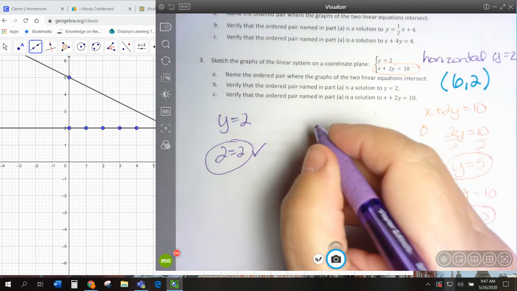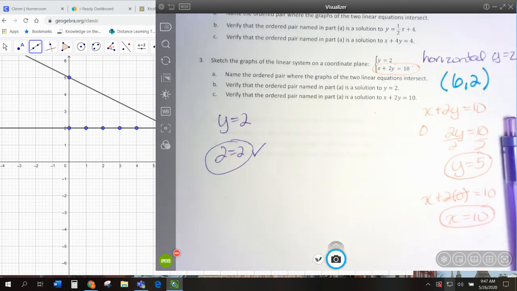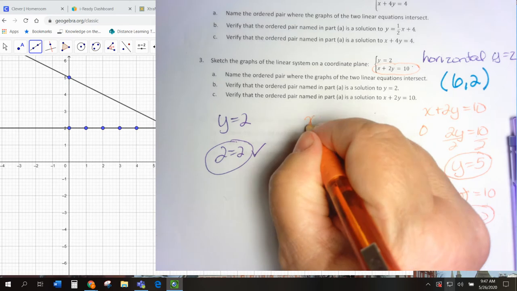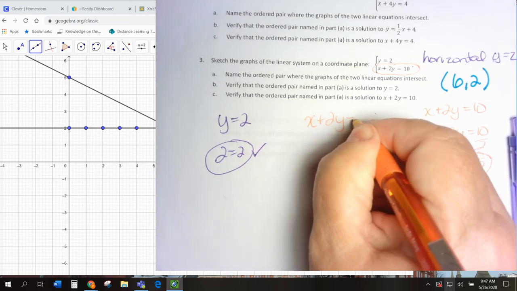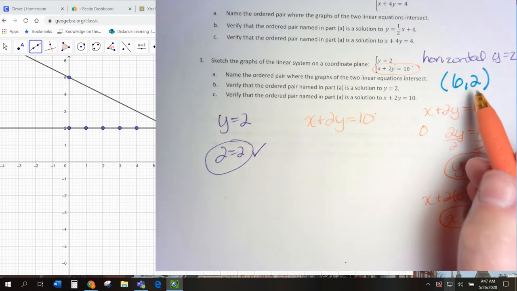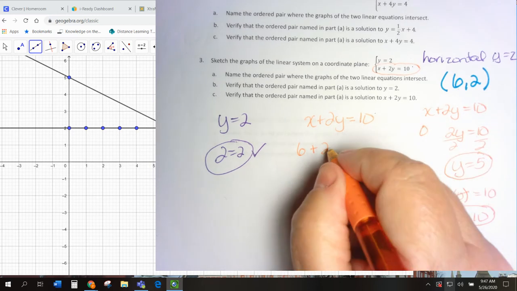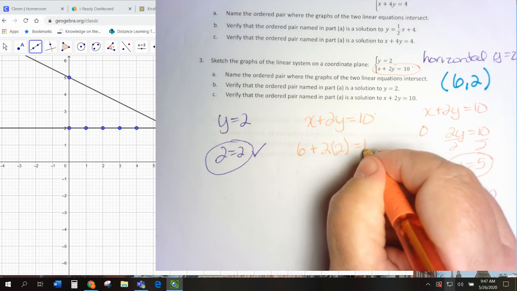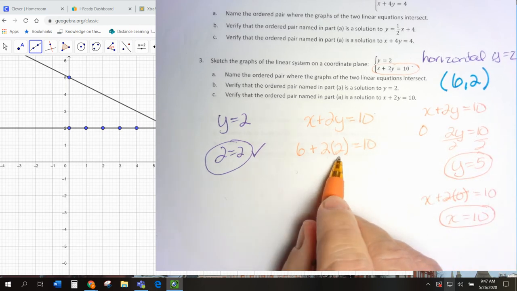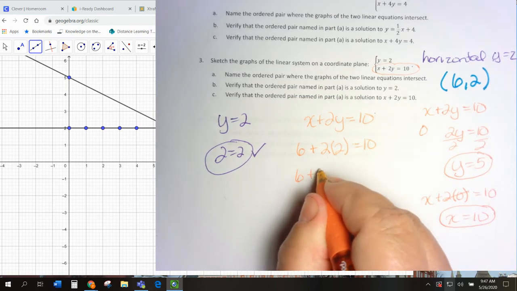Let's do x plus 2y equals 10. For x, I'm going to put in 6, plus 2 for y, I'm going to put in 2, equals 10. 2 times 2 is 4.